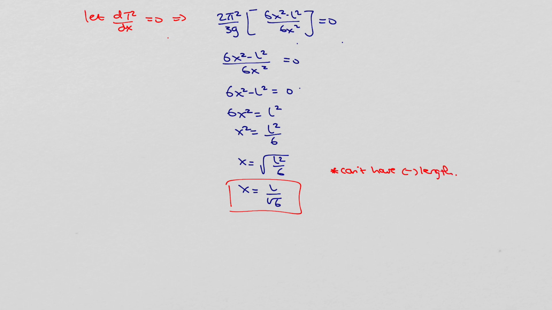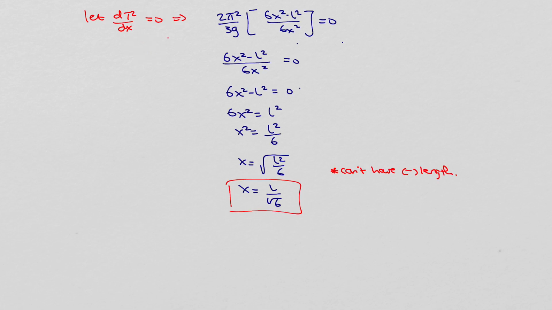Okay, so we now want to show that this is definitely a minimum. So if we do the second derivative test to show it's a min, so if you're asked to prove it's a minimum, then we would get the second derivative.